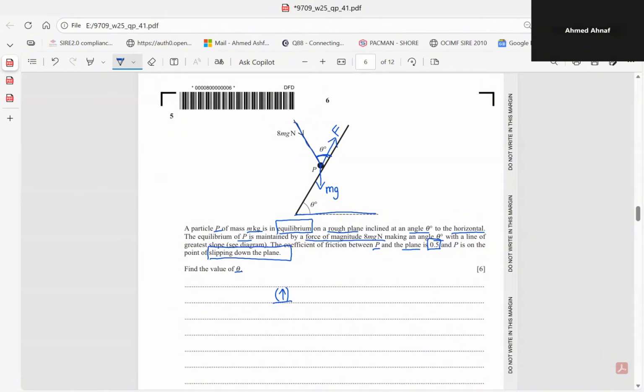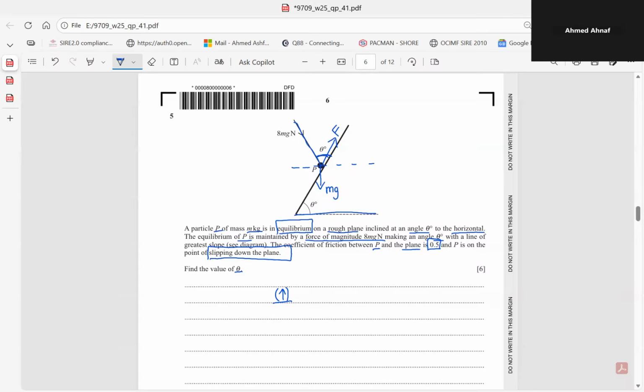Okay, so for 8mg, this is the horizontal axis.